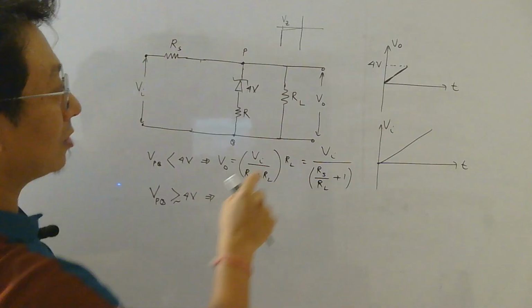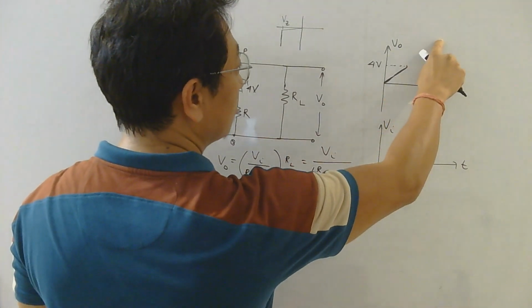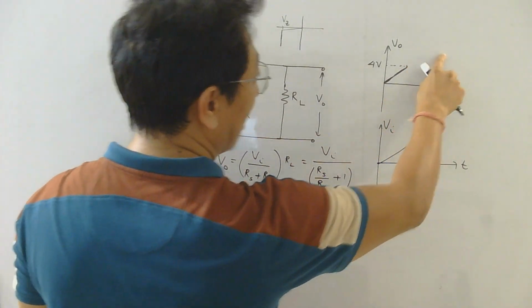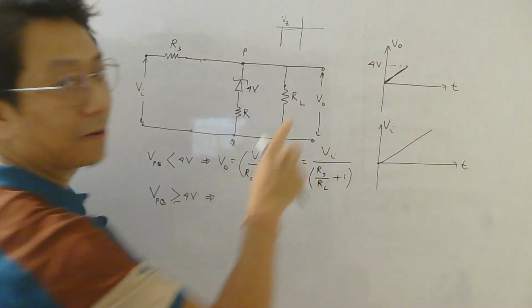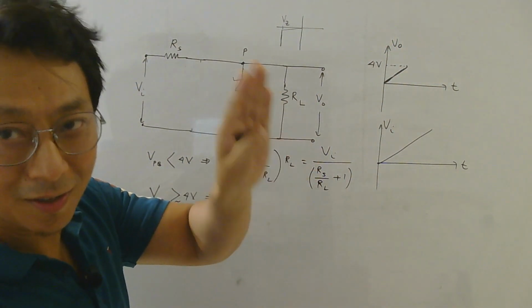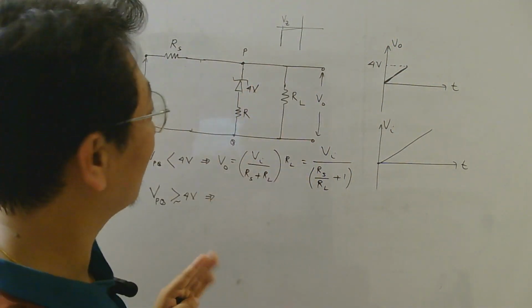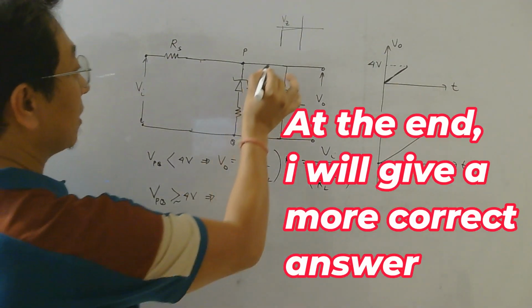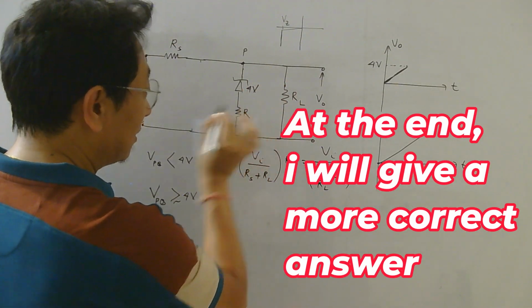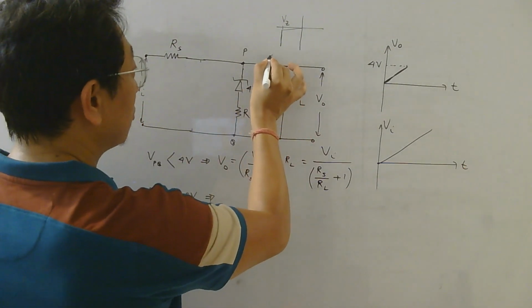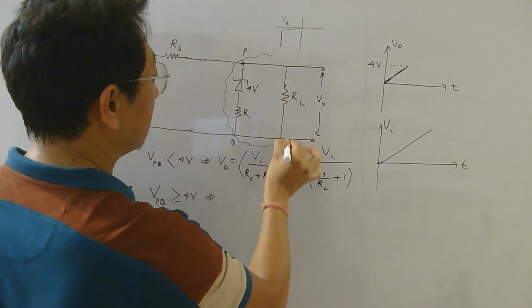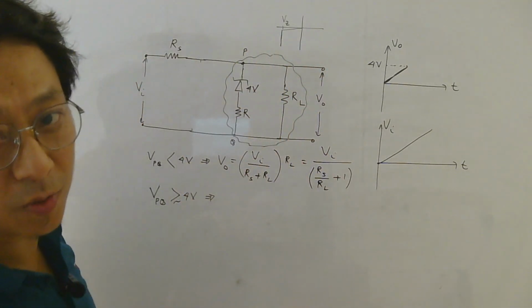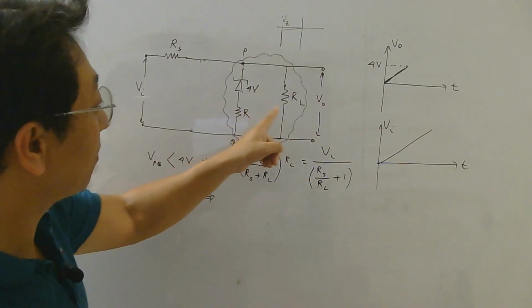The only question is whether it will continue with the same slope, or will it come down slightly, or will it go up slightly. The slope will increase or decrease, that we need to check. One simple way to think is, when this R is introduced, this branch's overall resistance will increase or decrease. Remember, it is in parallel.